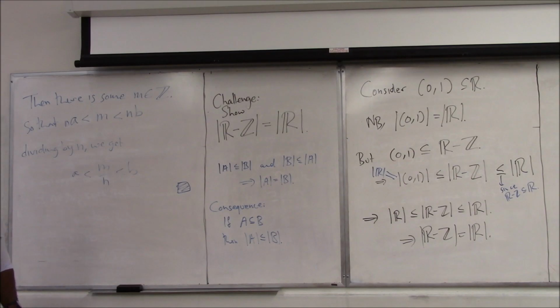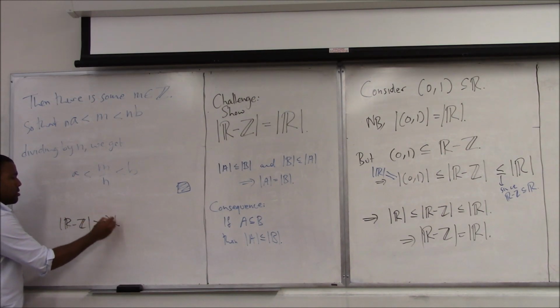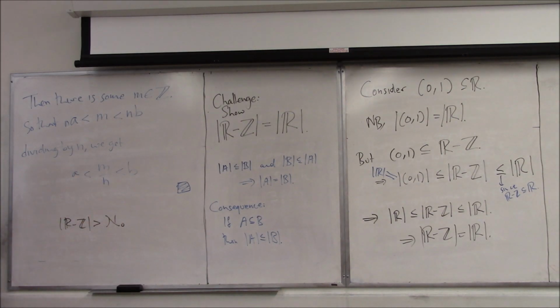Do you want to say R minus Z cardinality is greater than alpha naught? I just wanted to ask if you could use the continuum hypothesis at all, since you said that can't be proven or disproven. Oh yeah, we take the continuum hypothesis as a fact. We don't know if it's true or not technically, but it's assumed.